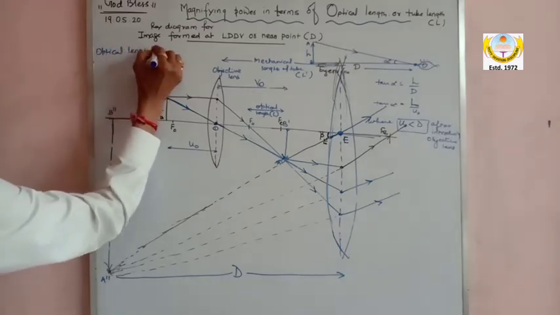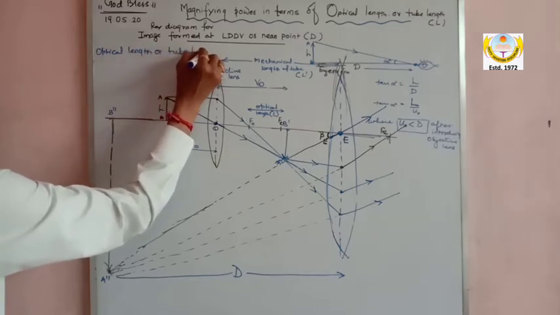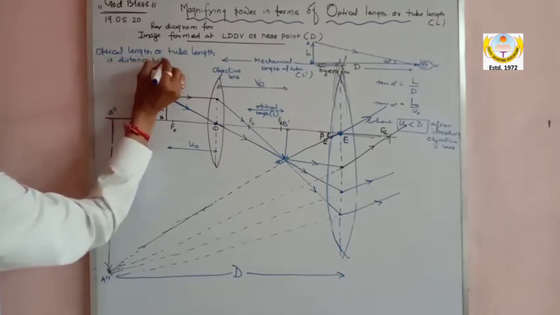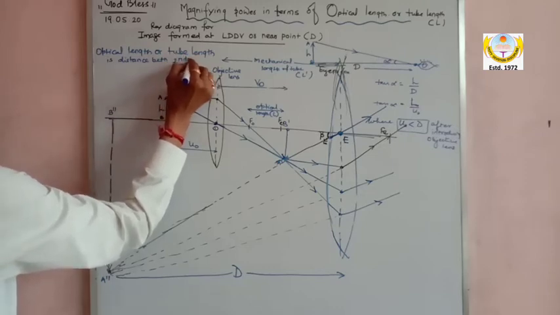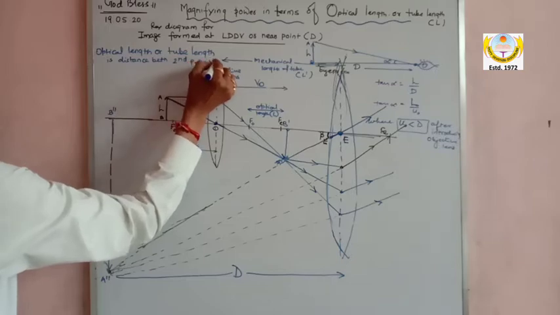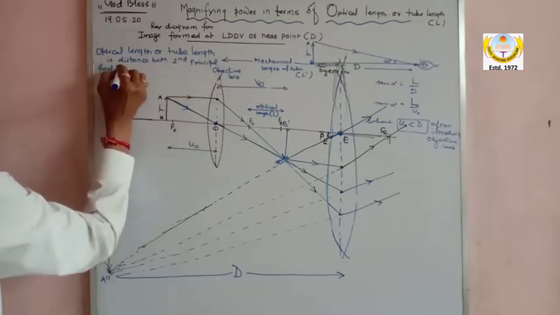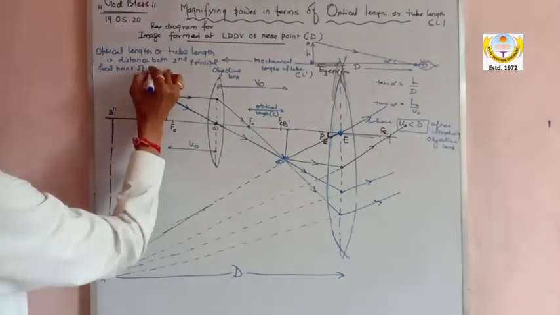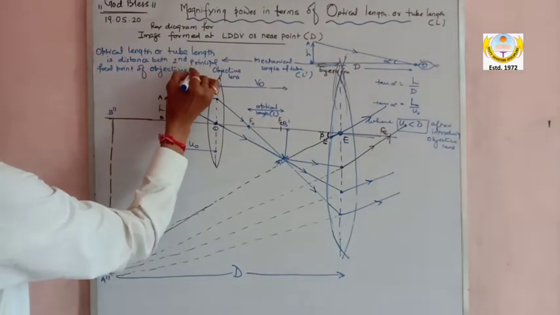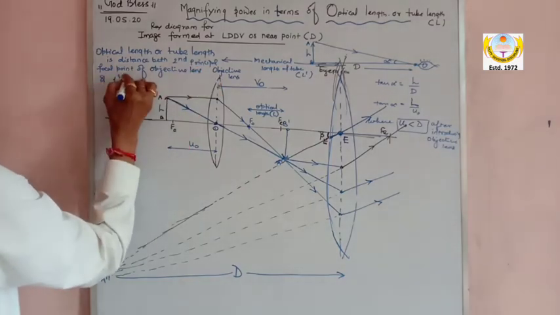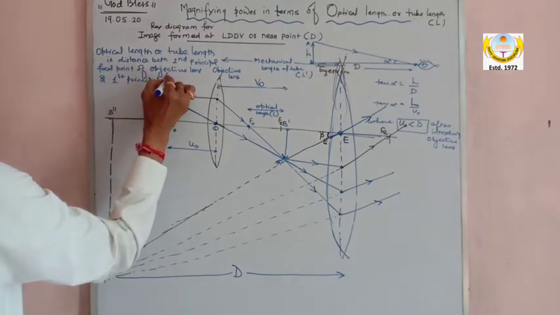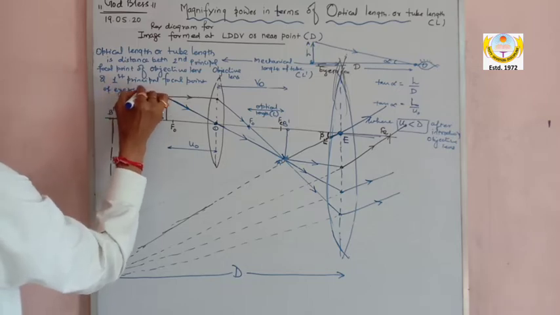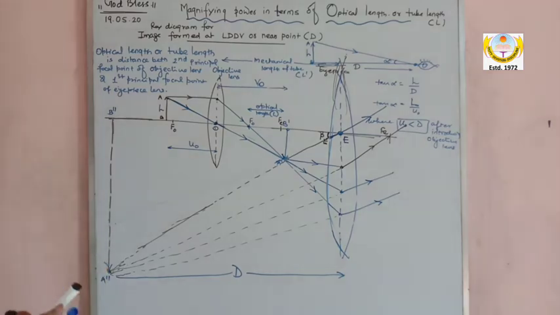Optical length or tube length is the distance between the second principal focal point of the objective lens and the first principal focal point of the eyepiece lens. Please, you can see.